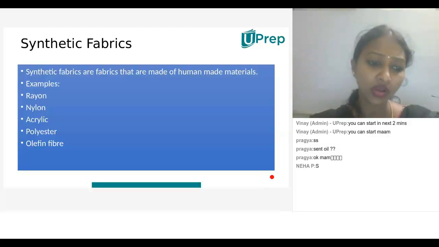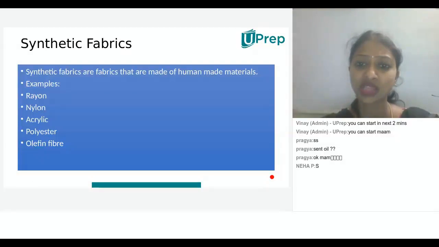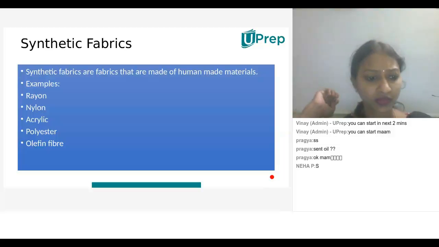So definitely we'll opt for the 2,000 one, which is low-priced and has many more advantages, so I go with synthetic fabrics. I'm not just looking at the cost, but at the advantages. Very good, Yashika. Good answer. So definitely we'll go with the synthetic fibers.